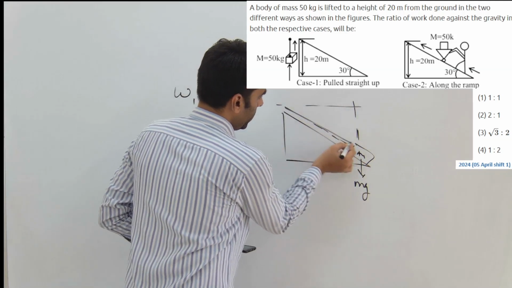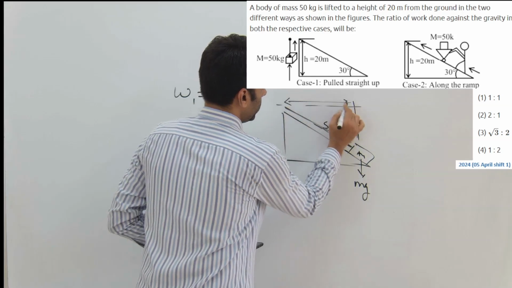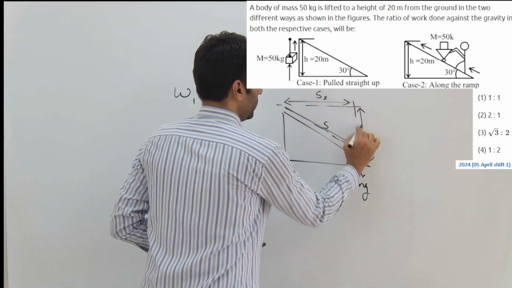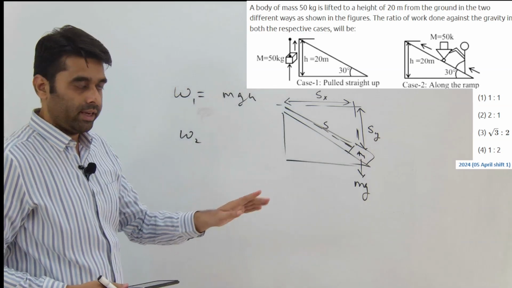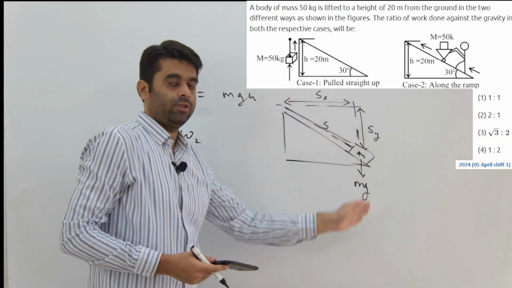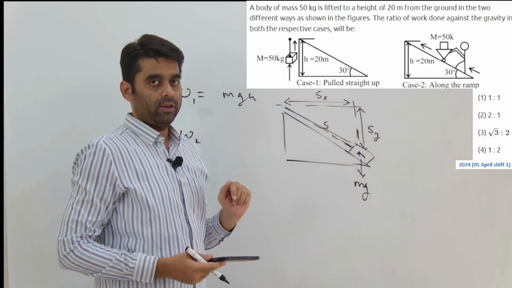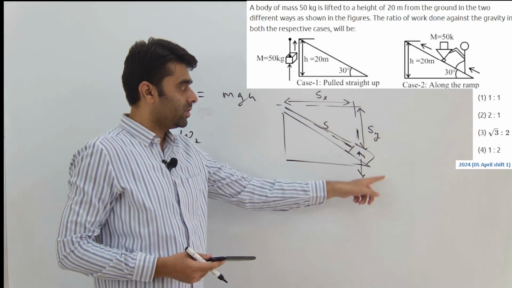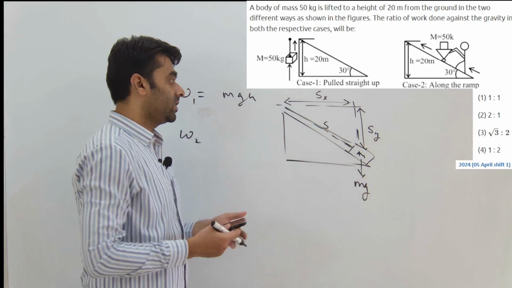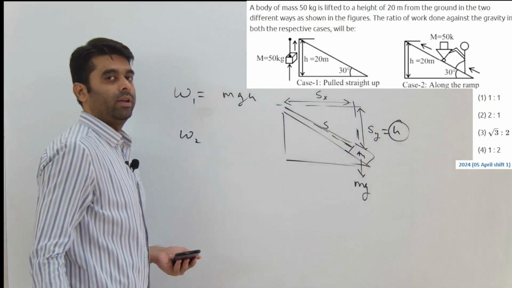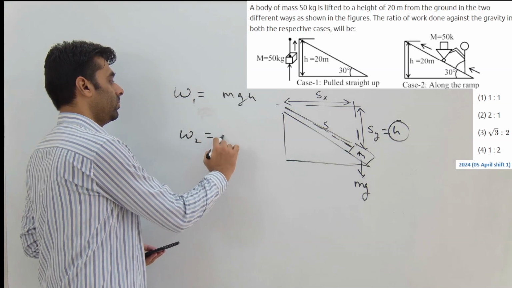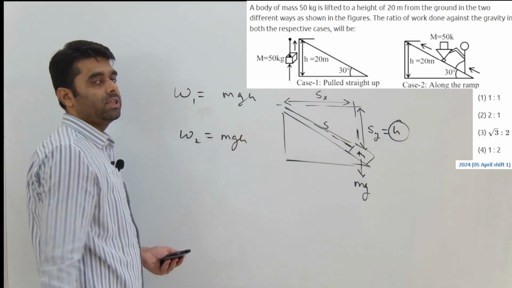This displacement S, we can break it down as Sx, and this is your Sy, right? So work done along the direction of force is equals to mg into Sy, which is the displacement in the direction of force, equals to height only. Again, if you calculate, this will come out to be mgh only.